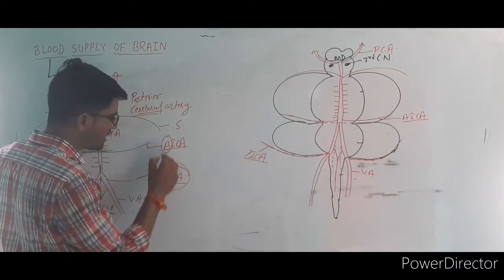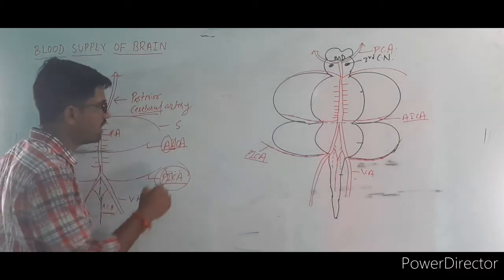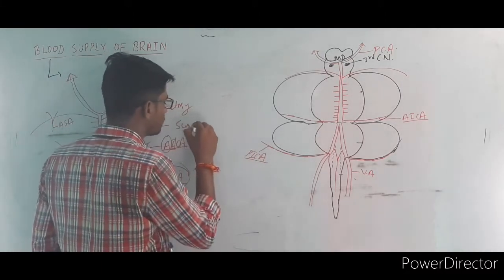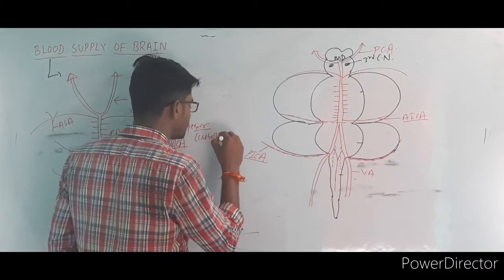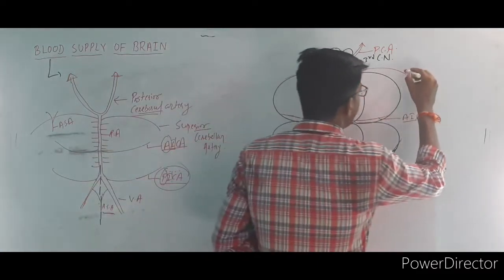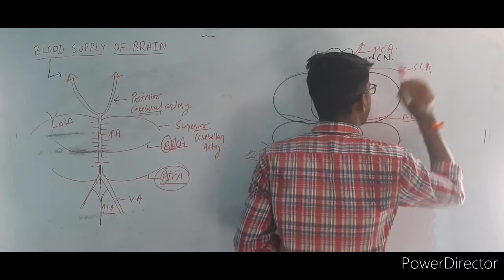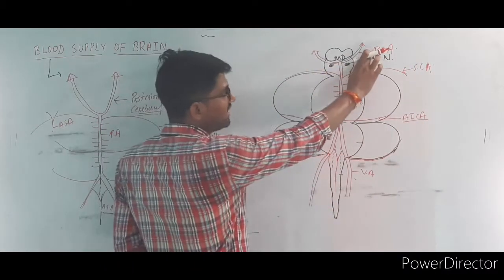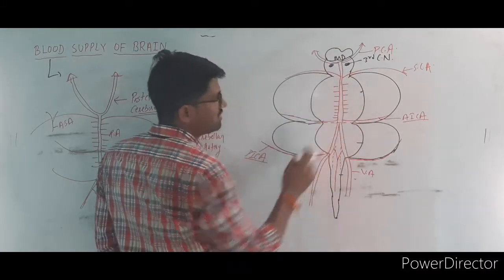See, this is the anterior, this is the posterior, and this is the inferior. These both are supplying the inferior surface. So this is the superior cerebellar artery. And this is the posterior cerebral artery, the terminal branch of this basilar artery.